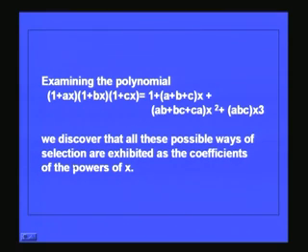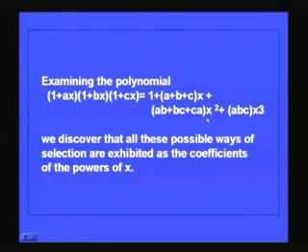Now, if you look at this polynomial, (1 + Ax)(1 + Bx)(1 + Cx), if you expand this, this is equal to 1 + (A + B + C)x + (AB + BC + CA)x squared + ABC x cubed.